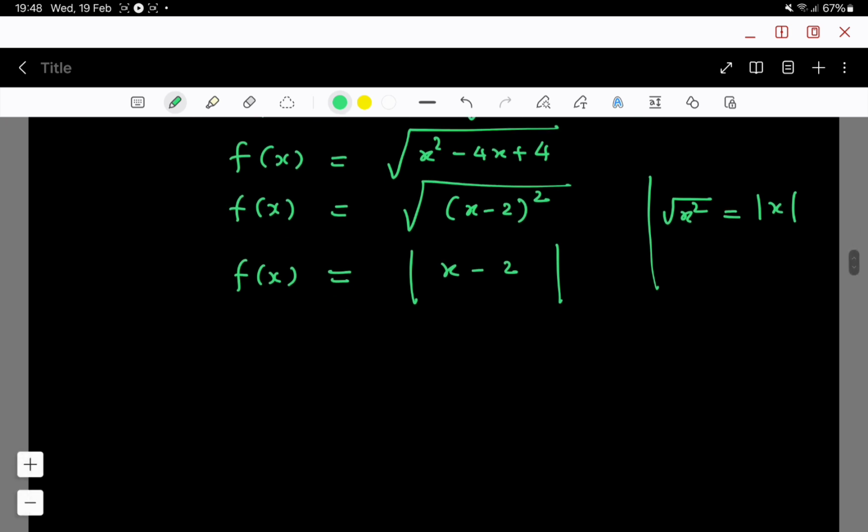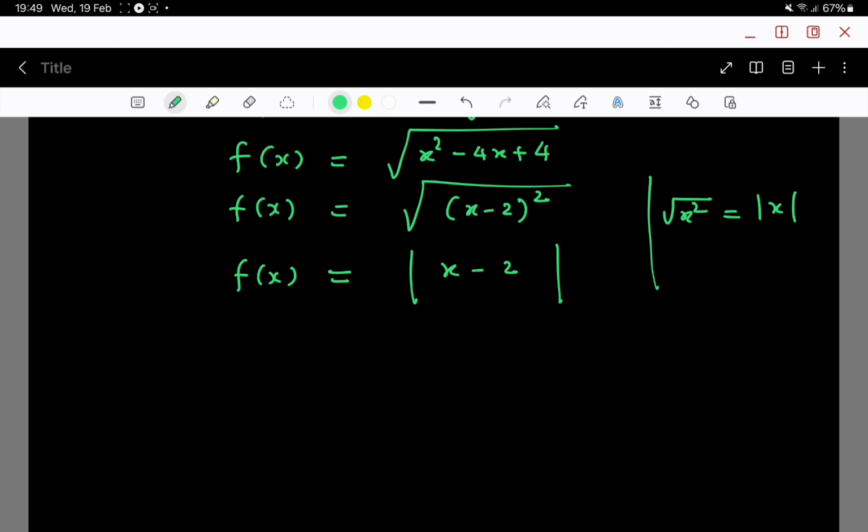Okay. So, first of all, we identify for what value of x the function x minus 2 is positive and for what value of x the function x minus 2 is negative. So clearly, if x is greater than 2, x minus 2 is positive. Okay, greater than 2 means we put x equal 3, 4, etc. Substitute in x minus 2, definitely it becomes a positive value.